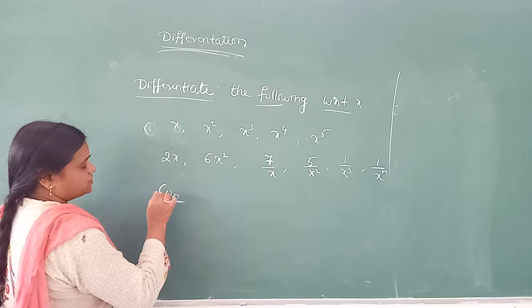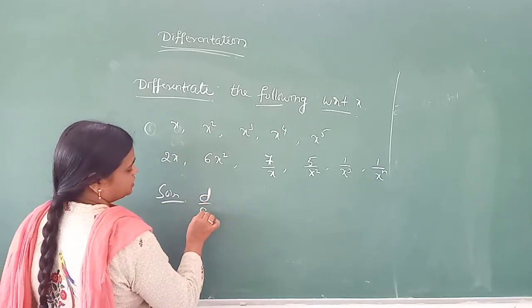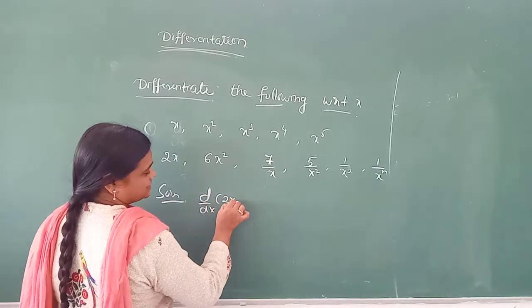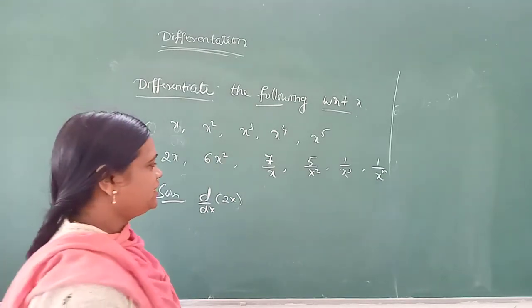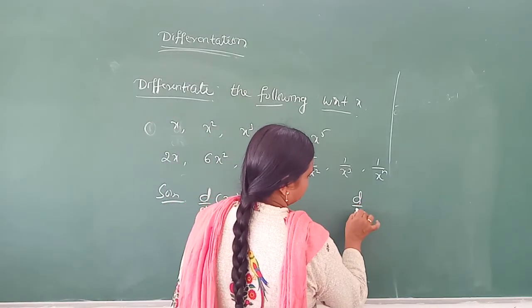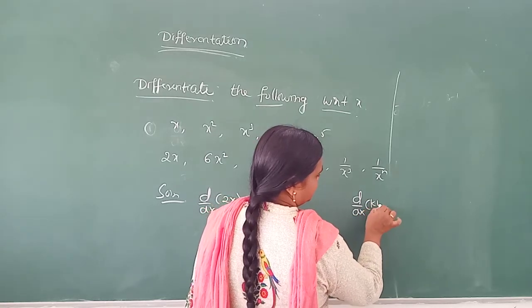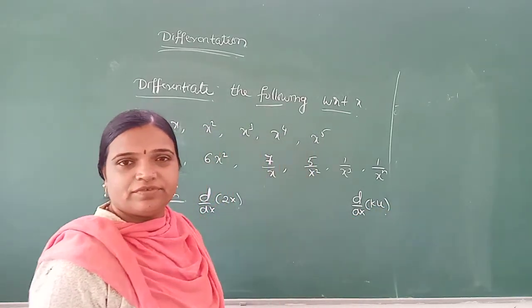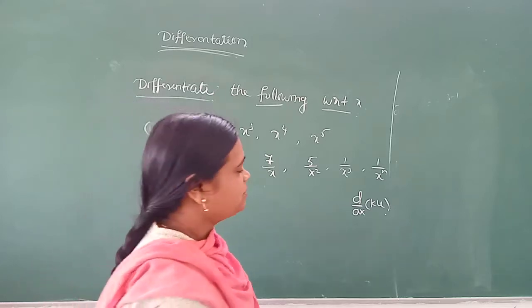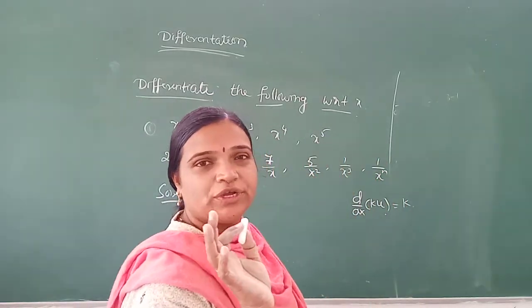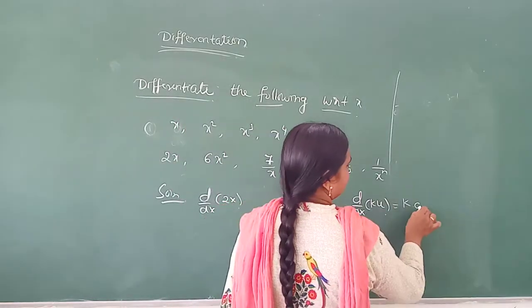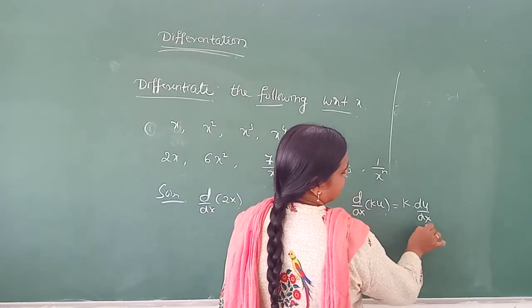Next, d by dx of 2x. See, 2 is constant, variable is x here, and we know that d by dx of k into u. We know that constant with variable, that constant we write as it is, and do the differentiation of the variable, k into du by dx.